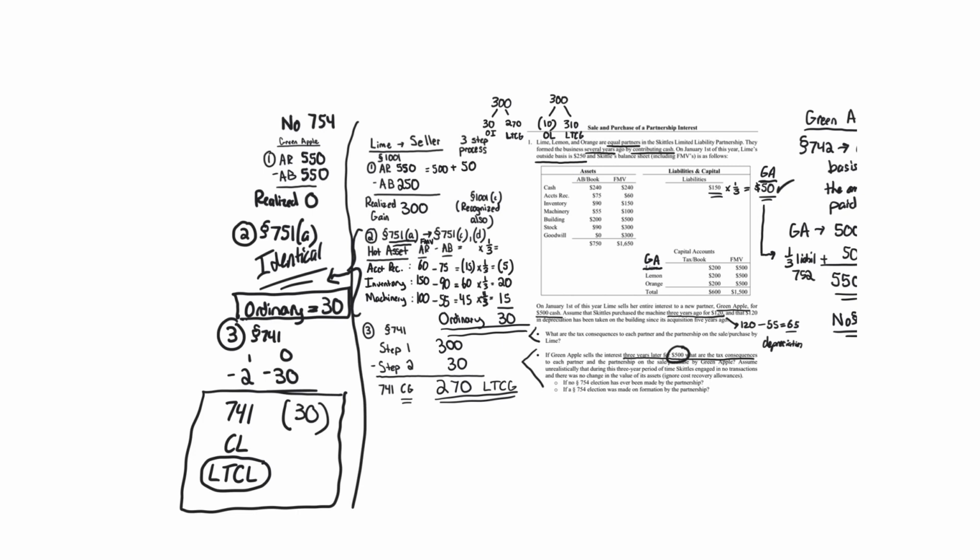That's bad. Yes, it nets to 0, but as you all know, ordinary income is subject to higher rates than capital gains, and capital losses are much more severely limited than ordinary losses are.